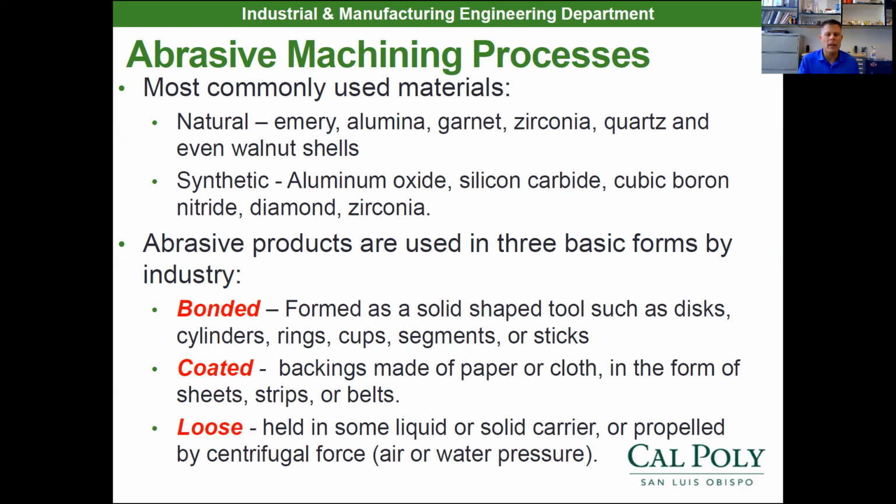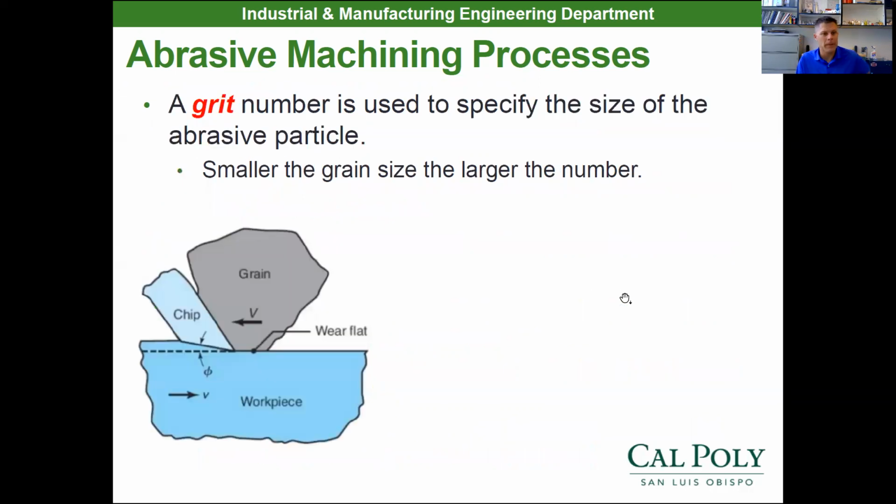So you're basically shooting the workpiece with abrasives that have either air or water behind it. In the case of the water jet, it used water pressure with an abrasive grain in it. In the case of the sandblasting unit, it's using a loose abrasive with air to blast the abrasive against the surface of the part, making a nice satin finish. So those are the 3 forms that abrasives come in for manufacturing in industry.